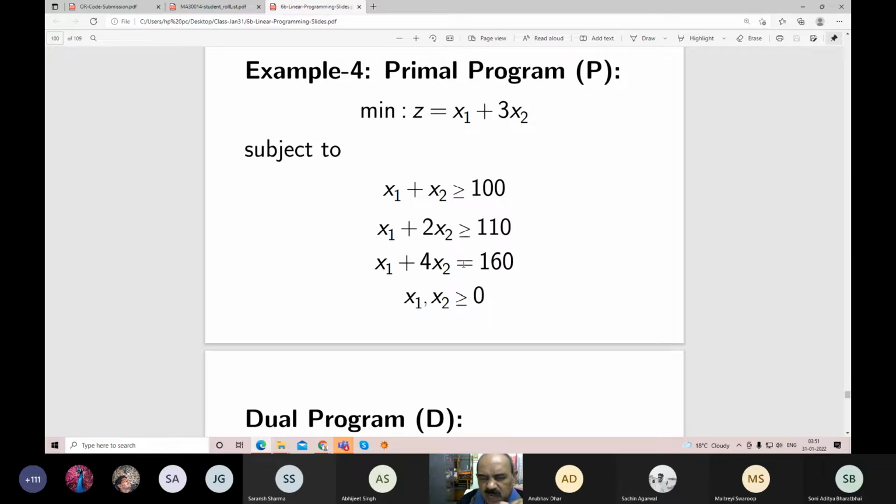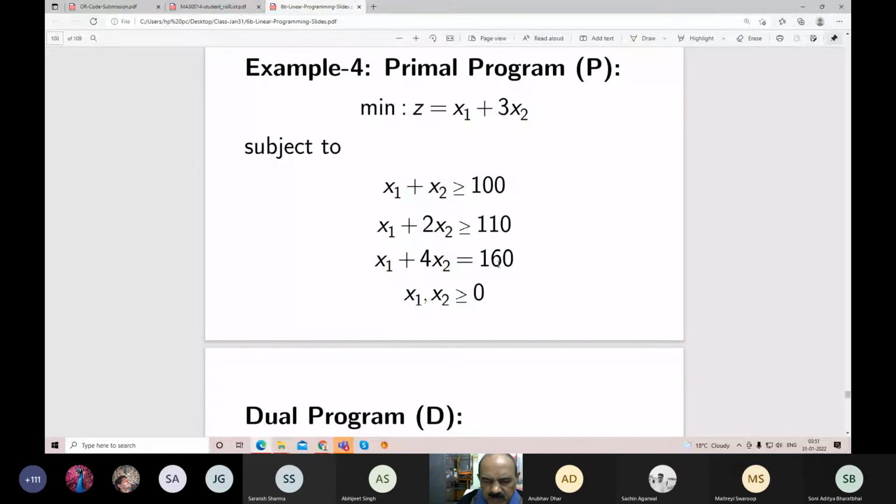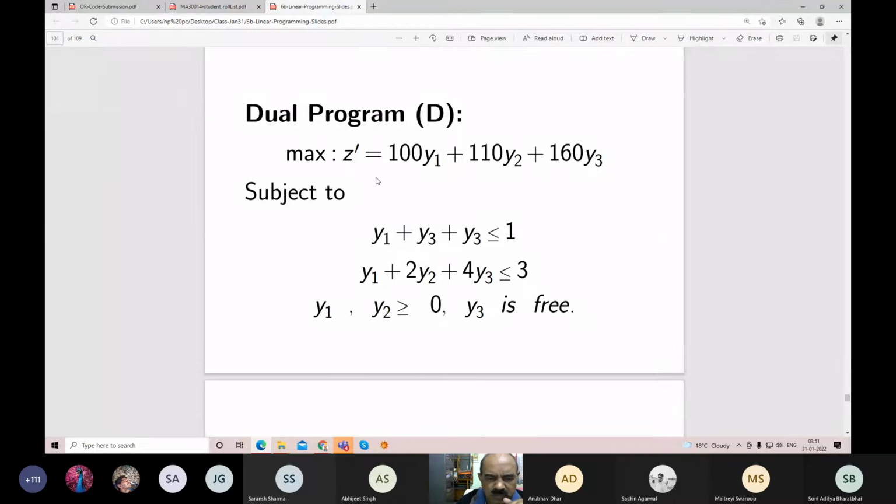With respect to the third constraint, the third dual variable is free. That is a maximization type problem: y1, y2, y3 less than or equal to 1, and y1 plus 2y2 plus 4y3 less than or equal to 3, with y1, y2 non-negative and y3 free.